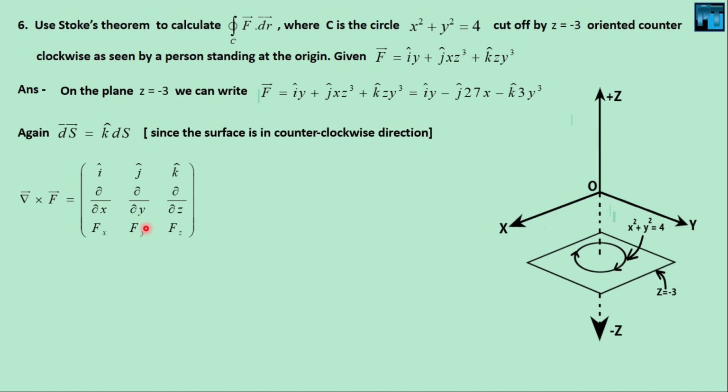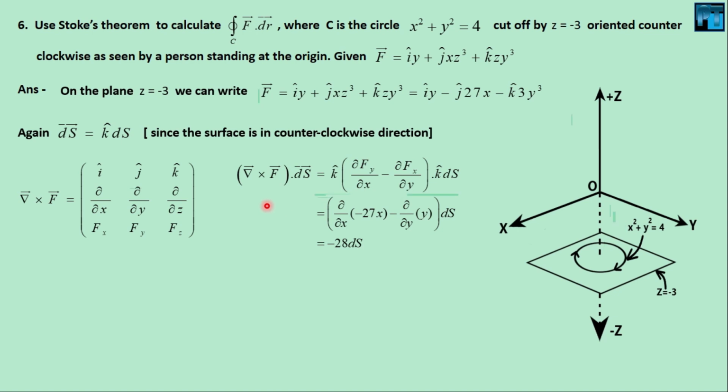Now why have I used this format Fx, Fy, Fz? Because I am not going to expand this del cross F. Why? Because in Stokes' theorem, del cross F dot dS, this is along z direction, so we need only the z direction, k cap direction, and that's why I am not going to expand this into the whole xyz directions.